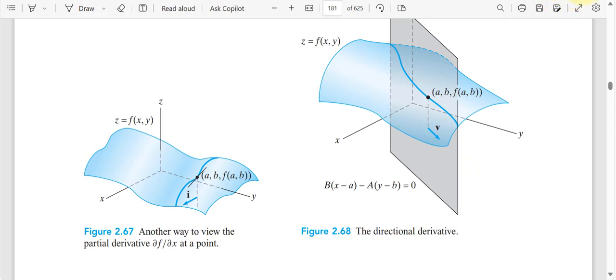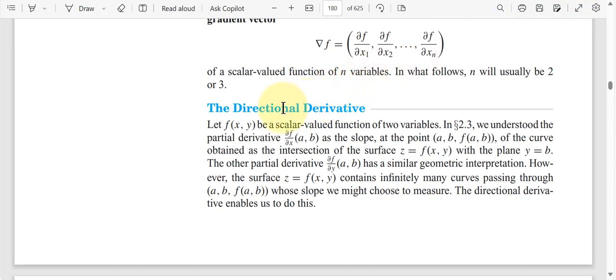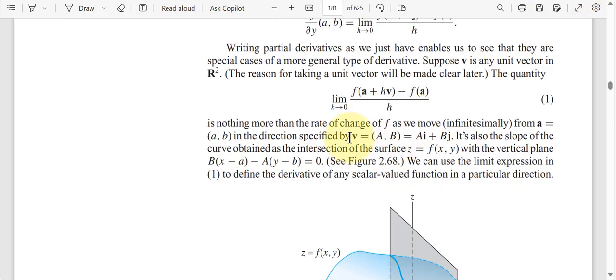And of course, the most convenient way for us to identify a direction is by a vector. So that's what they did here. They put a vector v to indicate some other direction that we might be interested in finding the derivative in. So that leads us to the idea of what they call the directional derivative.